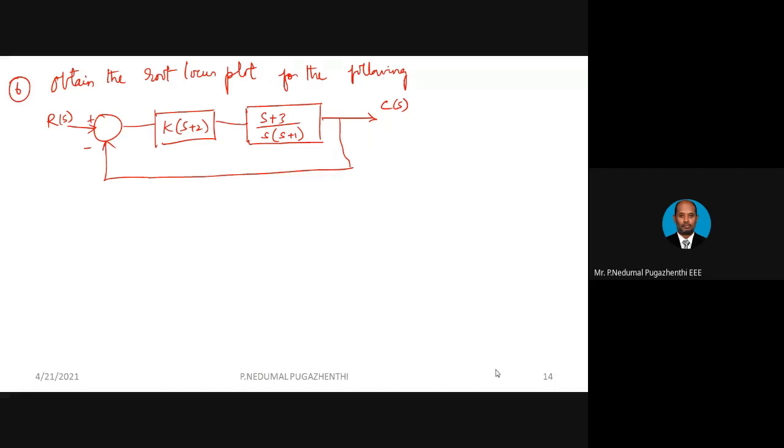Okay, so today, as I said, you'll see another category in root locus design. In the previous classes, we have taken a few examples for analyzing the root locus for the provided problem.